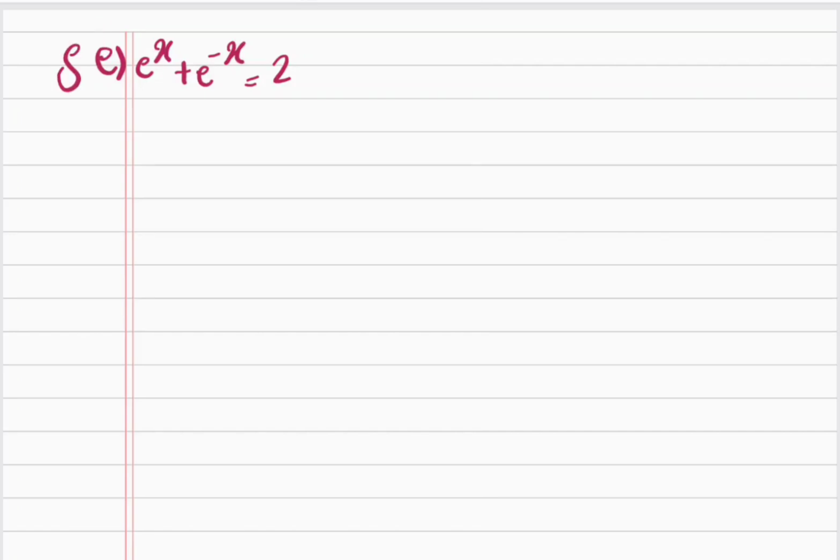So first of all, in this exponential equation, we should be careful, because normally when we see equations like this, the first thing that we consider is taking log, right? Since we have e, we can naturally take the natural log, but the problem is that we get ln of e to the x plus e to the minus x is equal to ln 2.